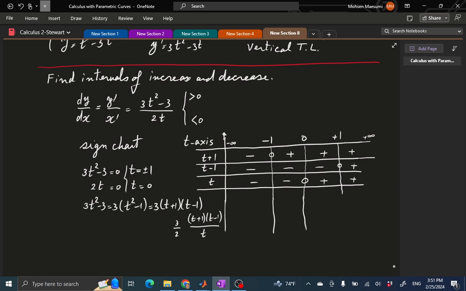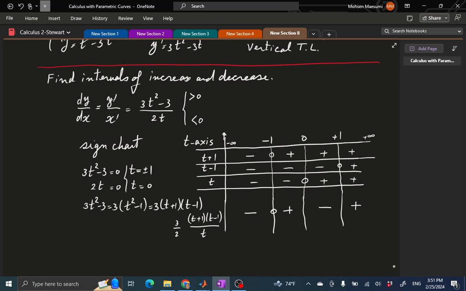What does that say? That says this quantity is a product or ratio of these things. So if I have 3 negatives, if I multiply and divide them, of course I get negative. Here 2 negatives, 1 positive, of course I get positive. Here 2 positives, 1 negative, I get negative, and here I get positive. At t equal to minus 1 I get 0.